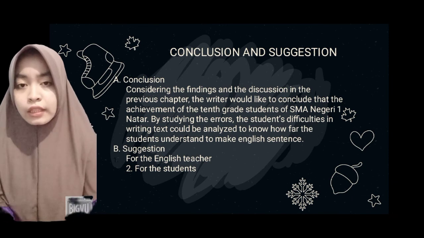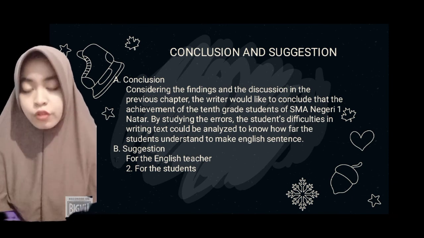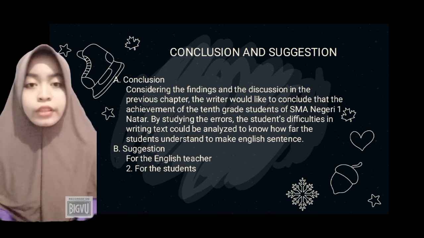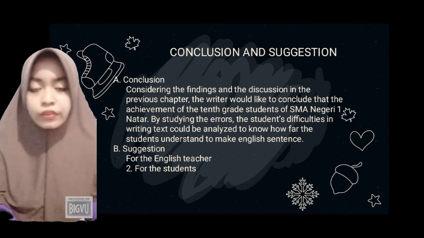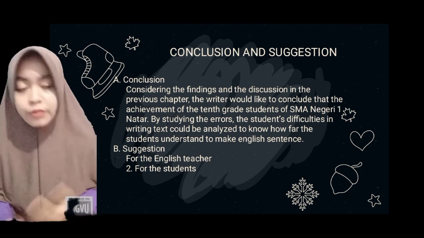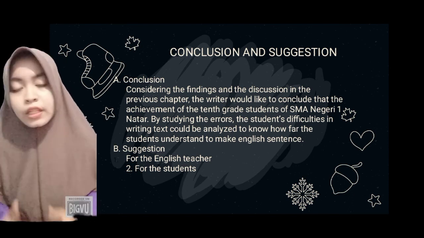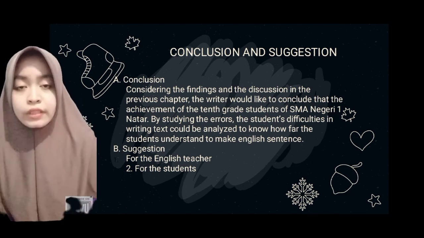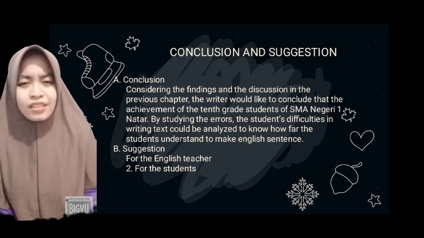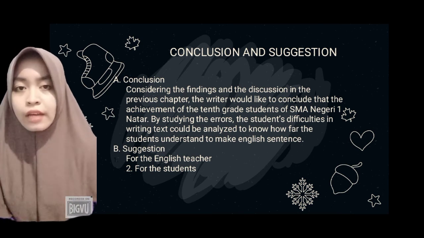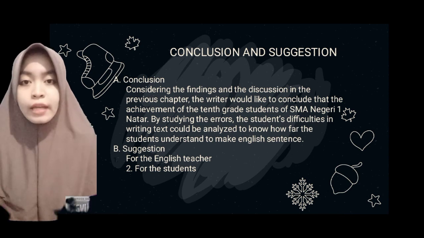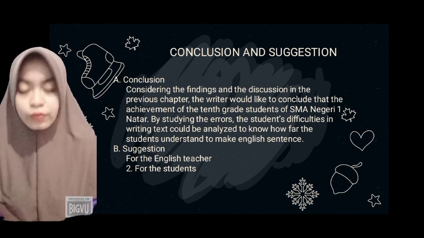It can be seen that there are 30% errors of omission, 25% errors in addition, 30% errors in misformation, and then 15% errors in misordering. Based on the findings of the analysis, the writer found that the 10th grade students have the most dominant errors, particularly in dealing with omission and misformation in writing text.